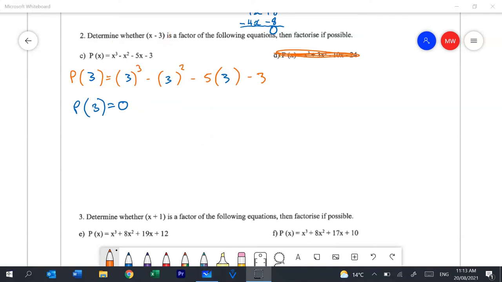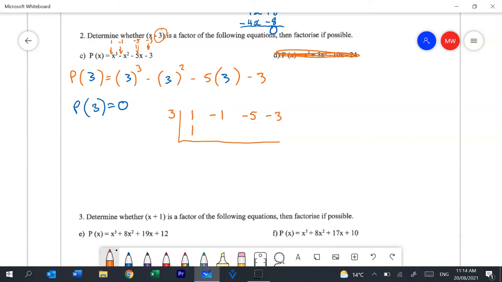Okay, let's set ourselves up for our synthetic division. I'm looking at this. It's a negative 3, so this one's going to be a positive 3. And then I'm having a look at my coefficients. So I've got a coefficient of 1, coefficient of minus 1, a coefficient of minus 5, and a constant on the end of minus 3. And so I'm going to write them in as I see them, making sure that I give myself plenty of space to work.